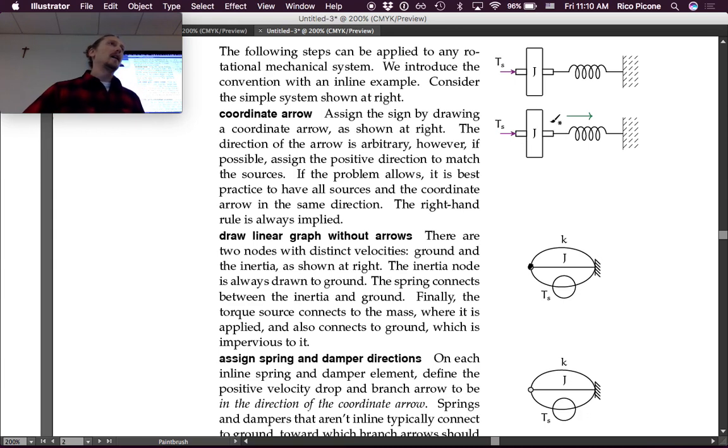So it is applied to this moment of inertia, therefore it has to connect to the moment of inertia node right here. So that one is pretty straightforward, the torque source. And then finally, the spring connects from the moment of inertia node directly to ground, right? It connects between these two nodes, so it also connects like that.